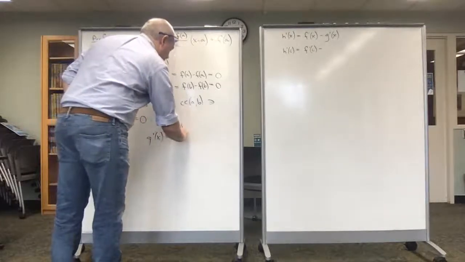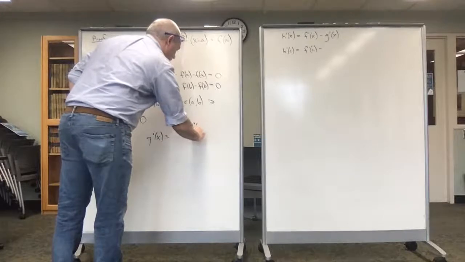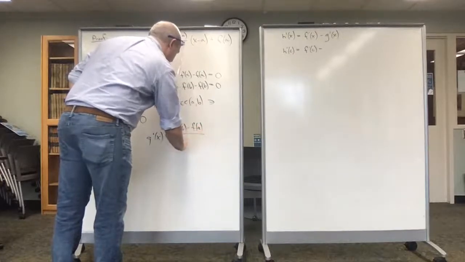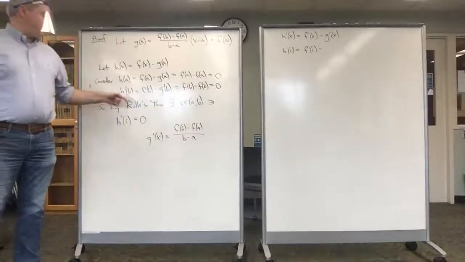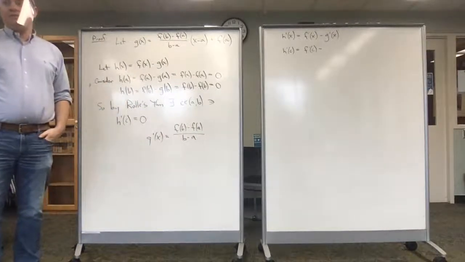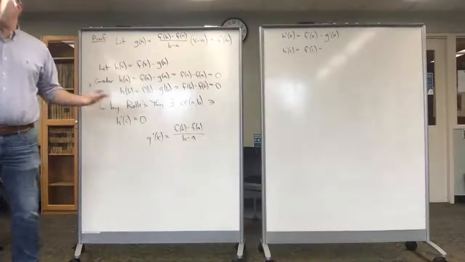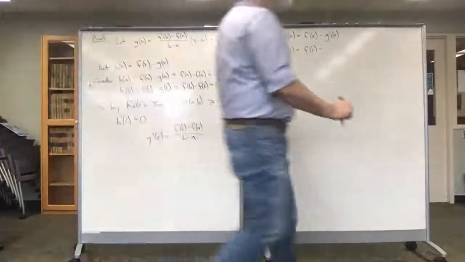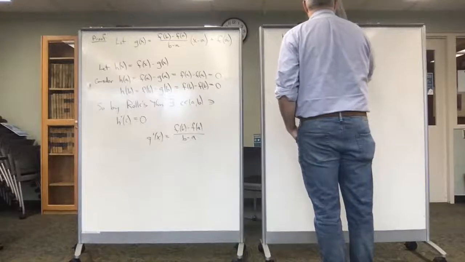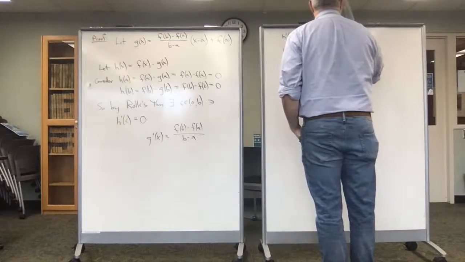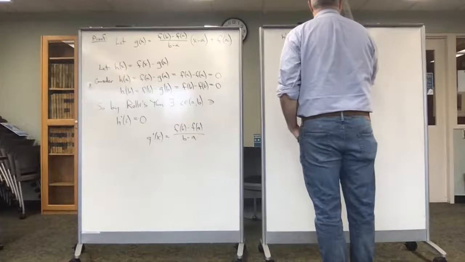Yeah, it's just the slope, right? So what's g prime of c? Yeah, same thing, it's constant. The derivative is constant. So g prime of c is just f of b minus f of a over b minus a.